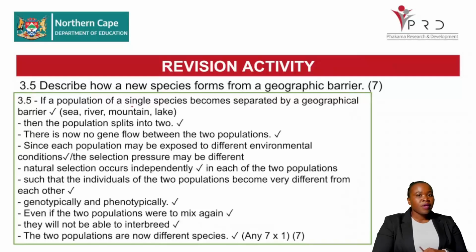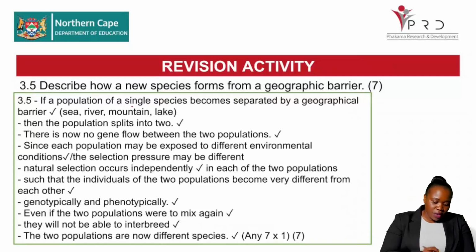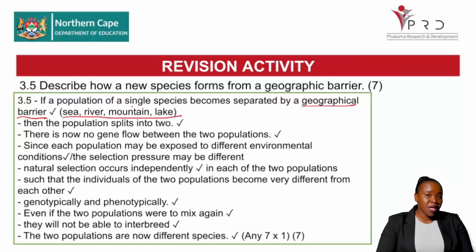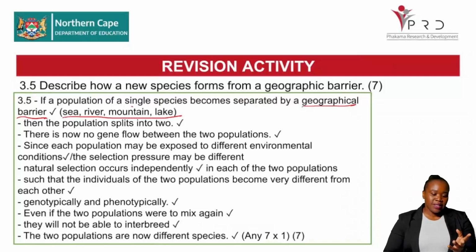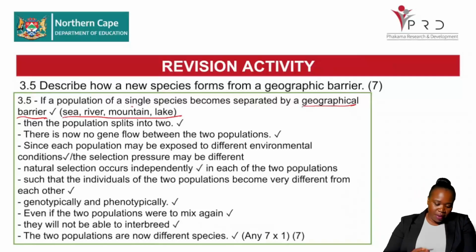And therefore, even if they were to meet, they will not be able to interbreed because they are now two different species. So if a population of a single species becomes separated by a geographical barrier, which can be any of those, in this case, because the question is general, you do not have to mention the barrier. However, if you are given a diagram and you can see the barrier, you must mention what is the barrier. If you don't, you will lose that mark.